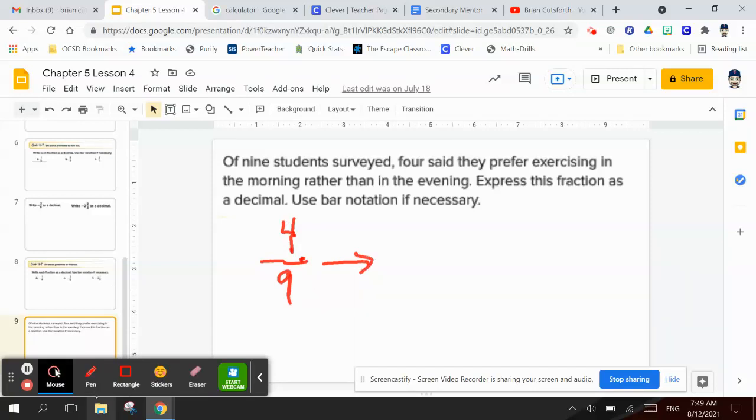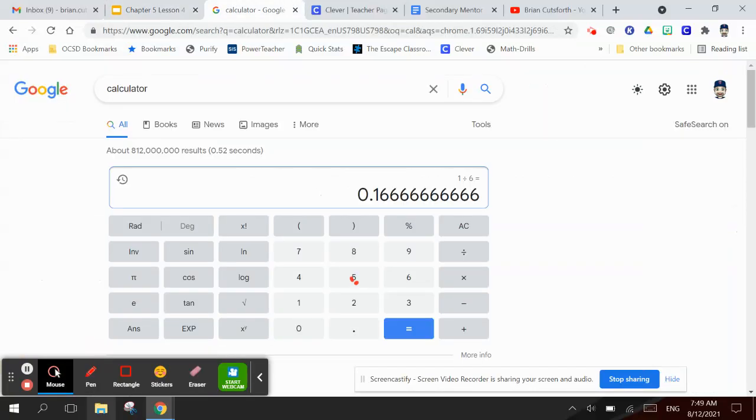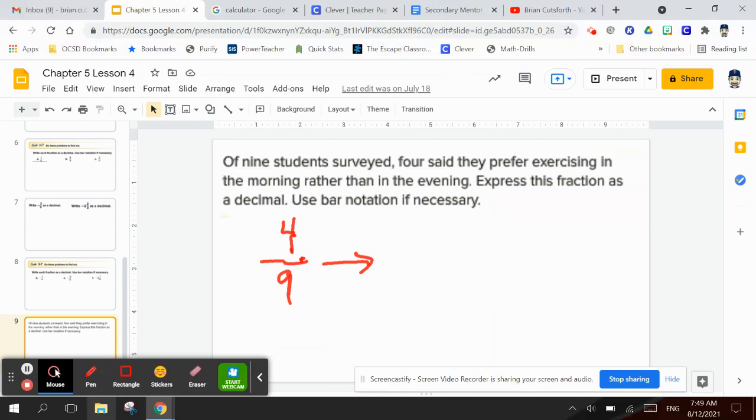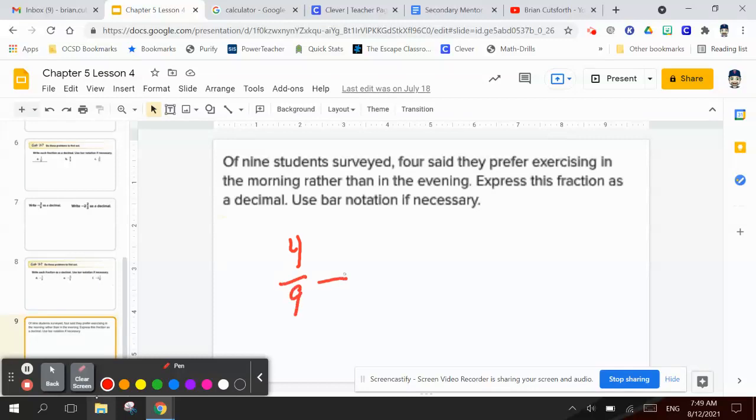So I go 4 divided by 9, which is 0.444 repeating. What number repeats? The 4. So I go back and I have 4/9 as a decimal is 0.4 with a hat.